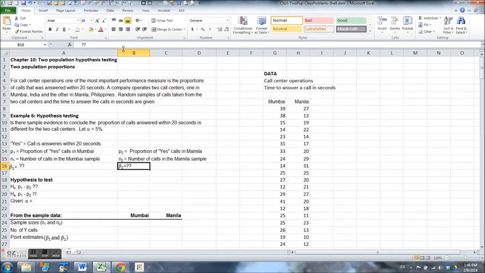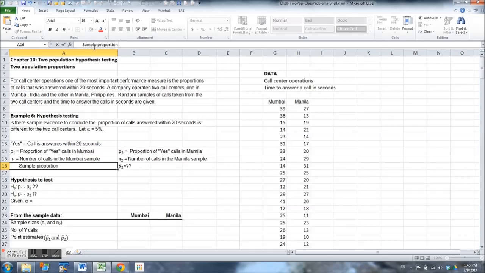So we have two samples, one from Mumbai and one from Manila. So P bar sub 1 is the sample proportion of S calls for Mumbai.